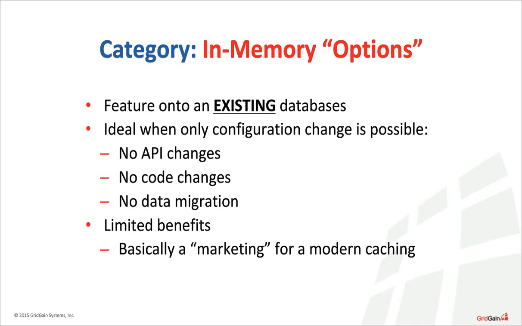So, as I mentioned, no API changes, no port changes, no data migration, none of that. You basically just have a database and continue to use it. Certain things will just go fast. It's actually the least interesting option in my opinion, but I'm biased here.